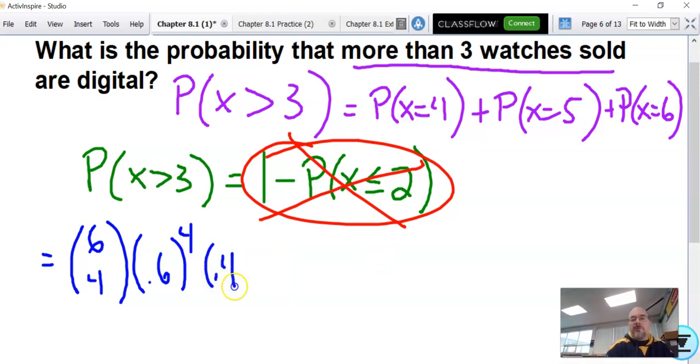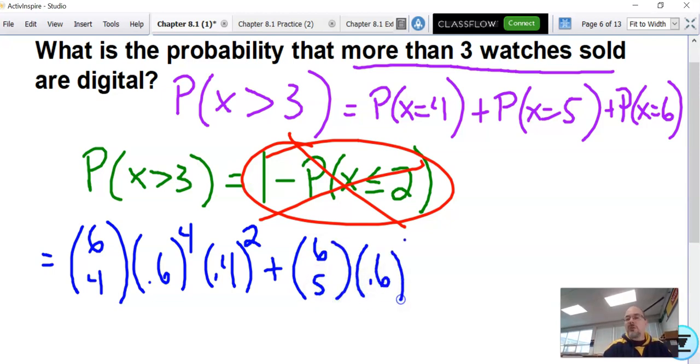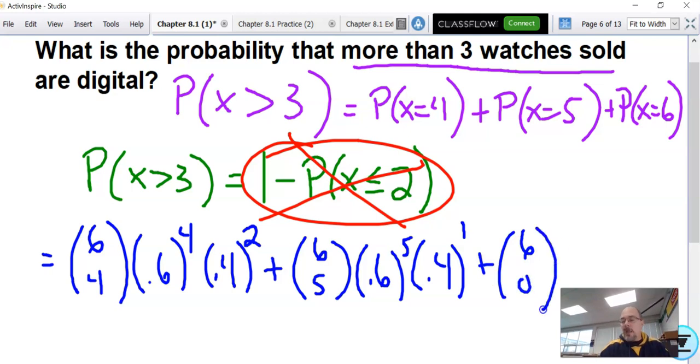We have to do 0.4 to the 2nd power, plus, now 6 customers, 5 of them buy digital, 0.6 to the 5th times 0.4 to the 1st, plus 6 customers, 6 buy digital, times 0.6 to the 6th times 0.4 to the 0.